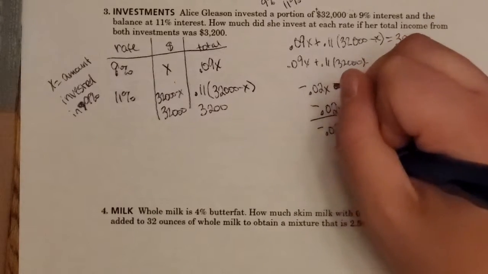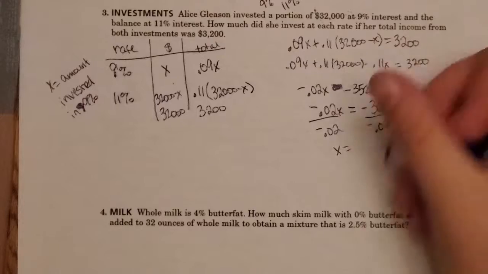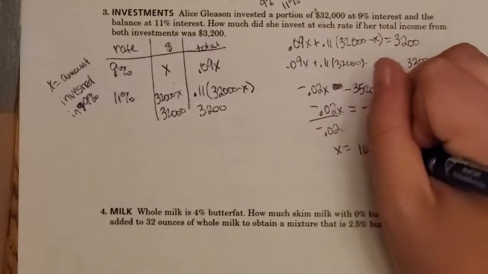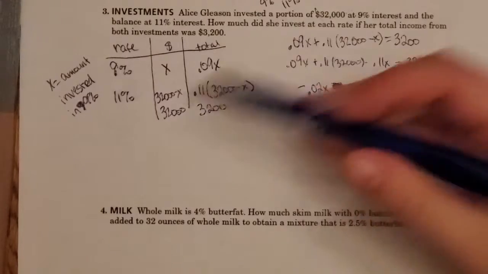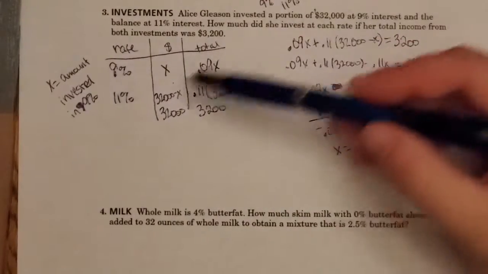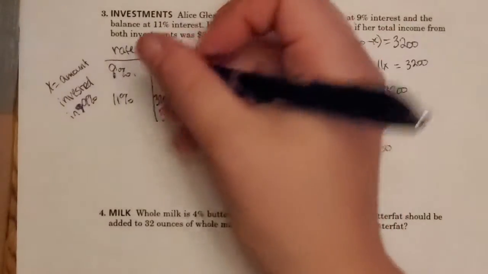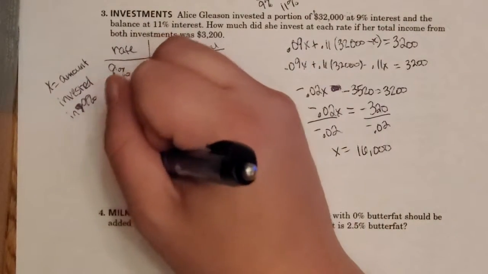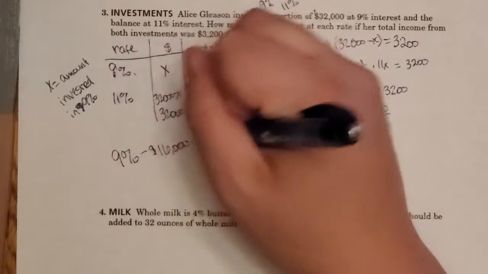And I get x equals 16,000. So that means that she invested $16,000 into 9%.